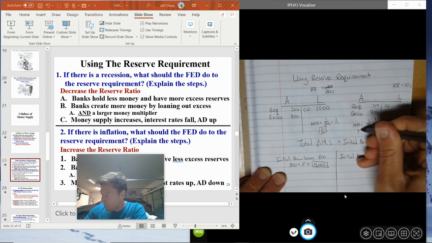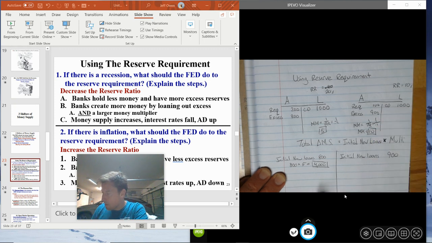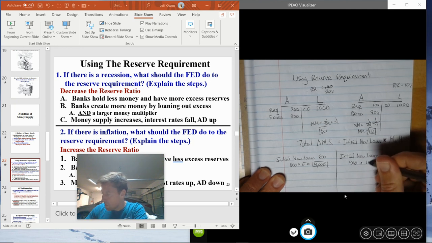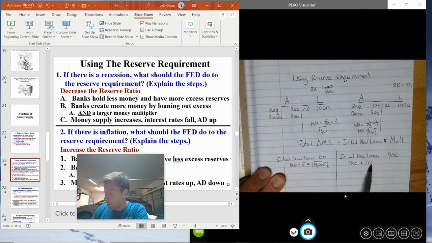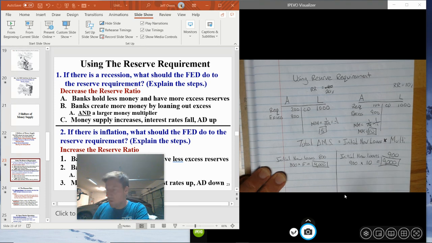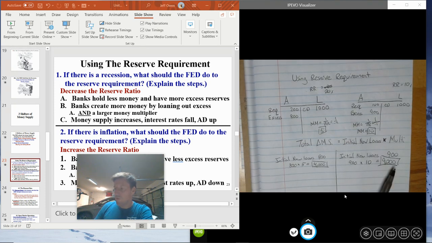So my money multiplier is 10. My initial new loans of $900 times my money multiplier of 10, by dropping the required reserve ratio, the Fed effectively increased the money supply by $5,000.